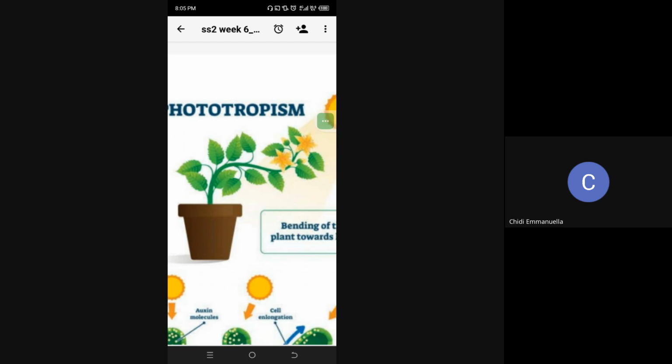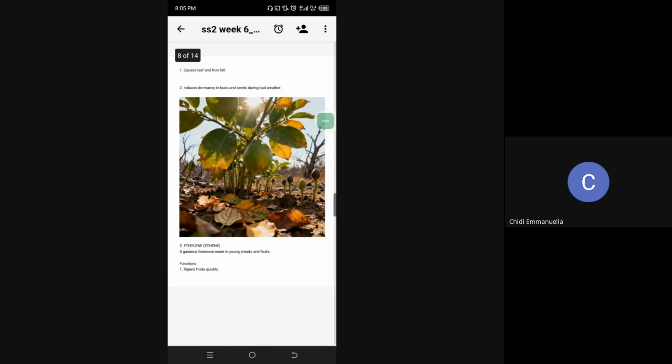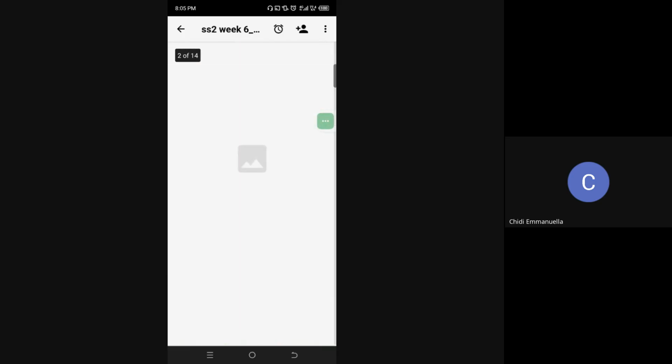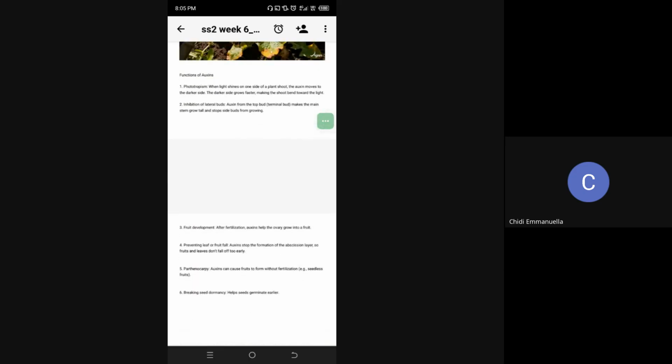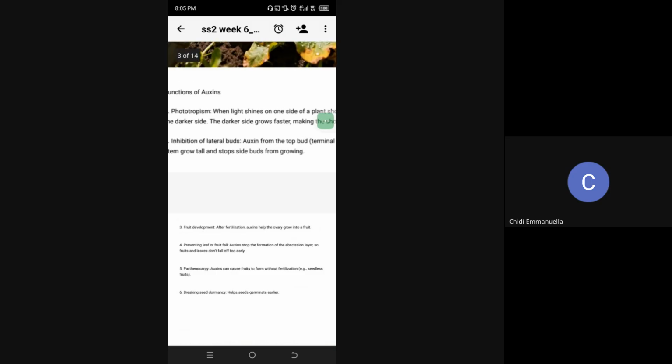Okay, so let's go back to what we were doing initially. So functions of auxins. Number one, phototropism.